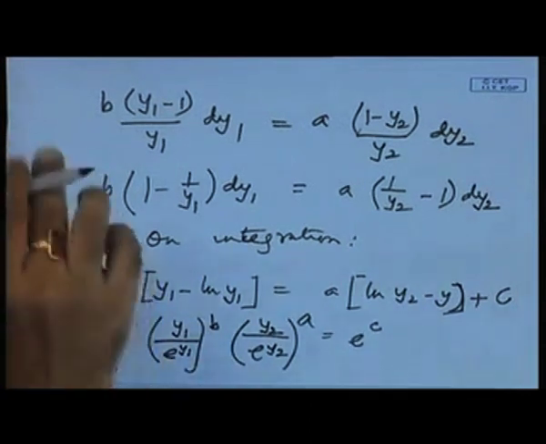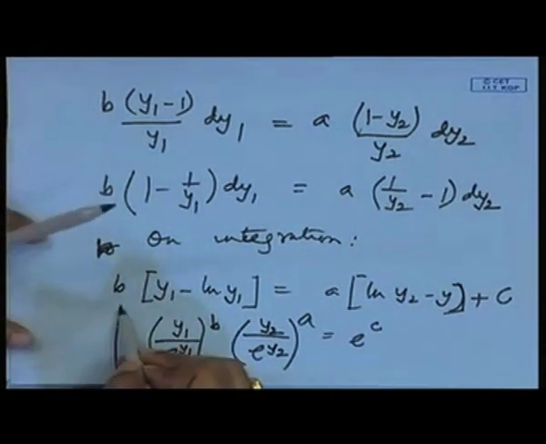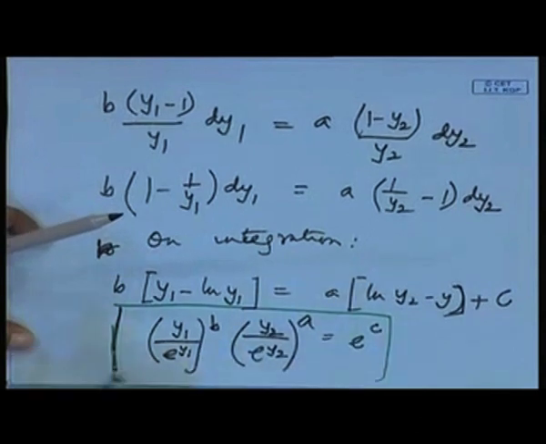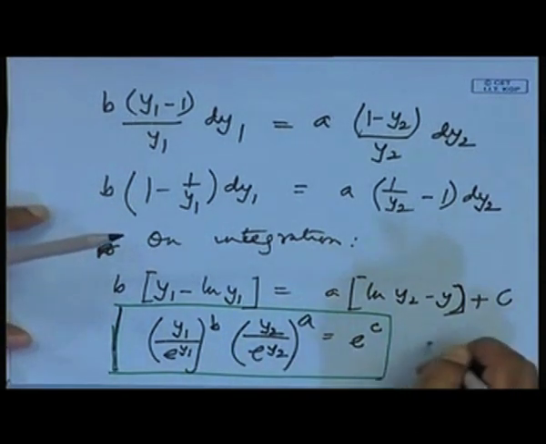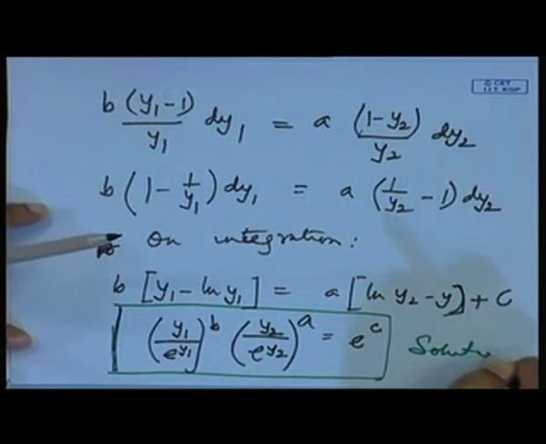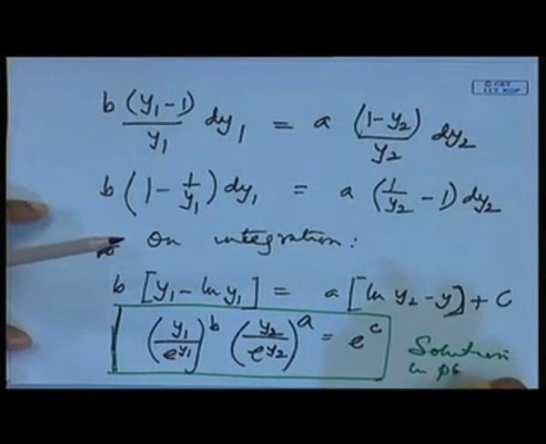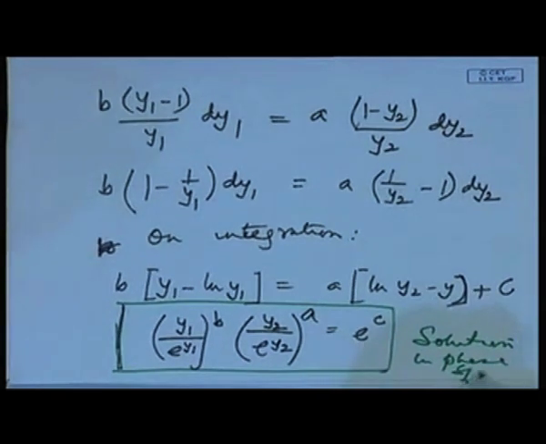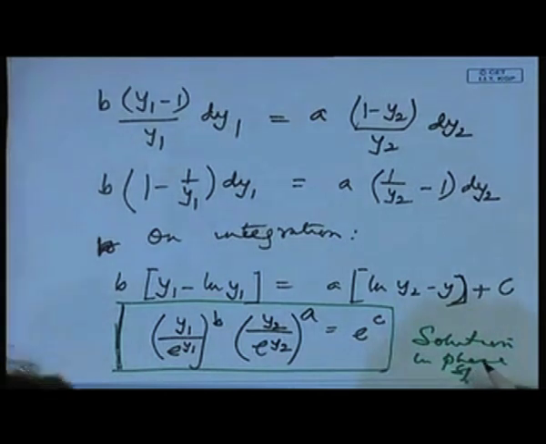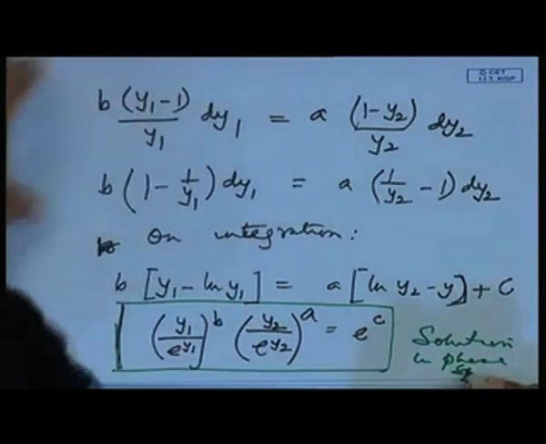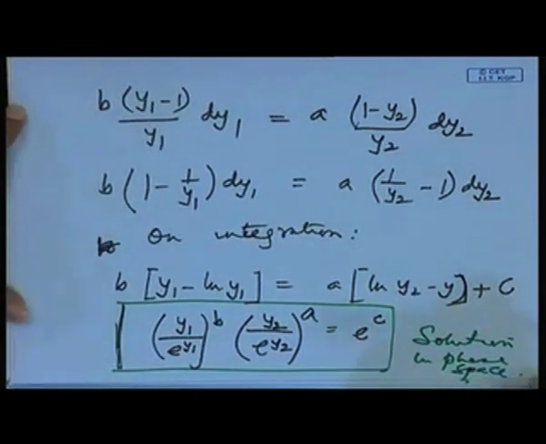So, this is my solution of this equation, but a solution in phase space. Okay. So, it is possible to solve this, but it is only possible to solve this in the phase space.